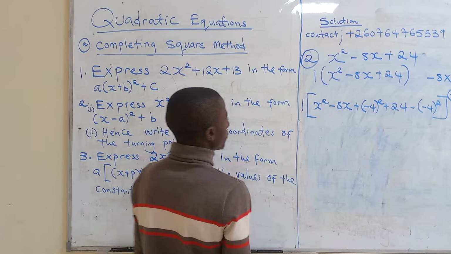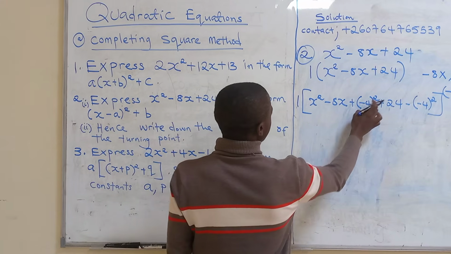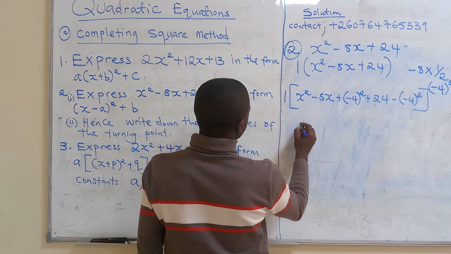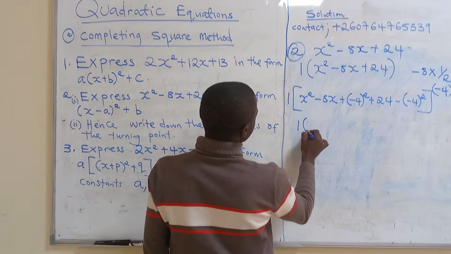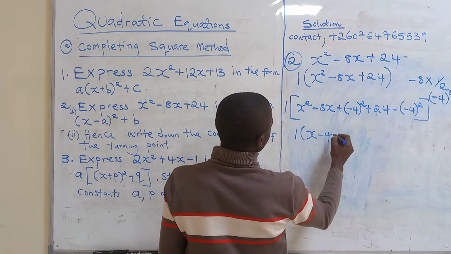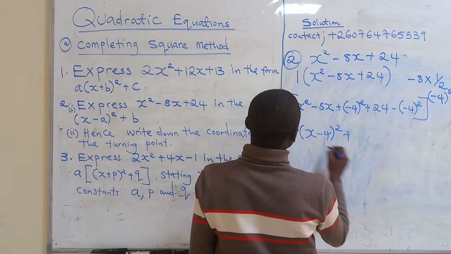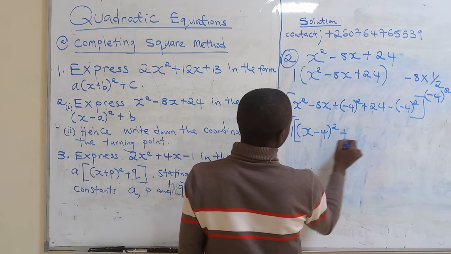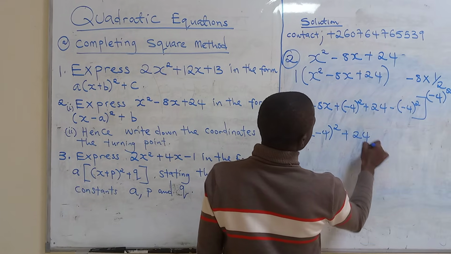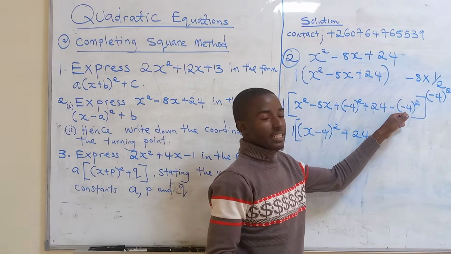From there, you consider x squared, that is 1, x minus negative 4... you square it, plus 24 minus. Now you can simplify negative 4.